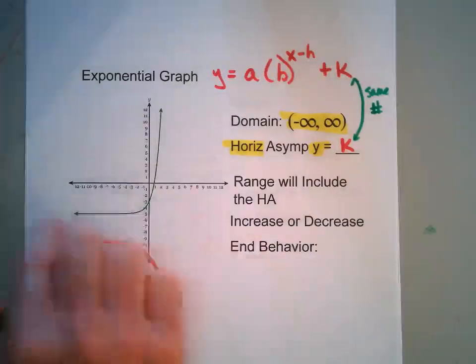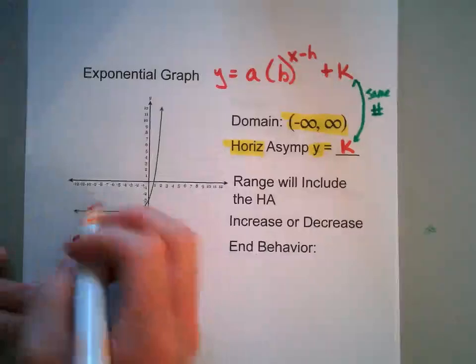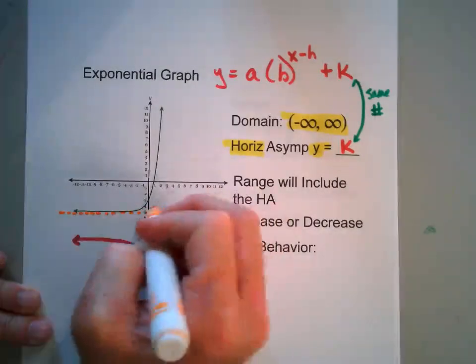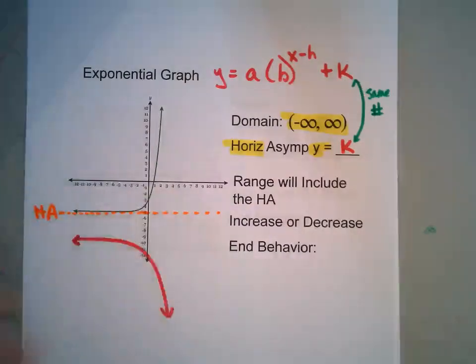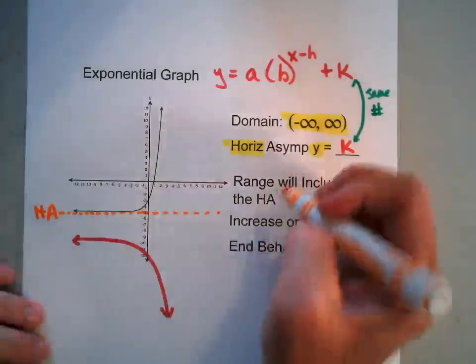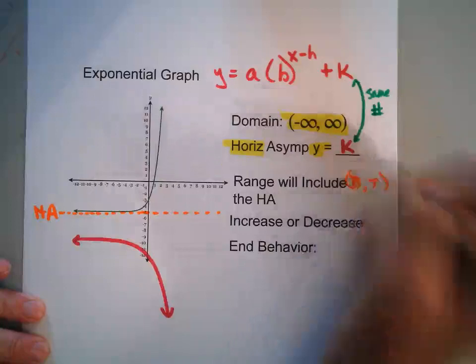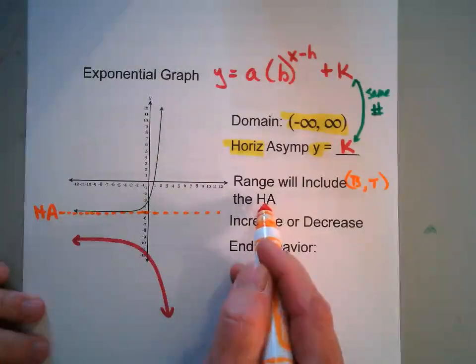So let's take a look at this right here. On this graph, there would be a horizontal asymptote that came through here like this. So this would be the horizontal asymptote. And so the range of this, remember, we do range from bottom to top of the graph. And so down here, we include the horizontal asymptote.